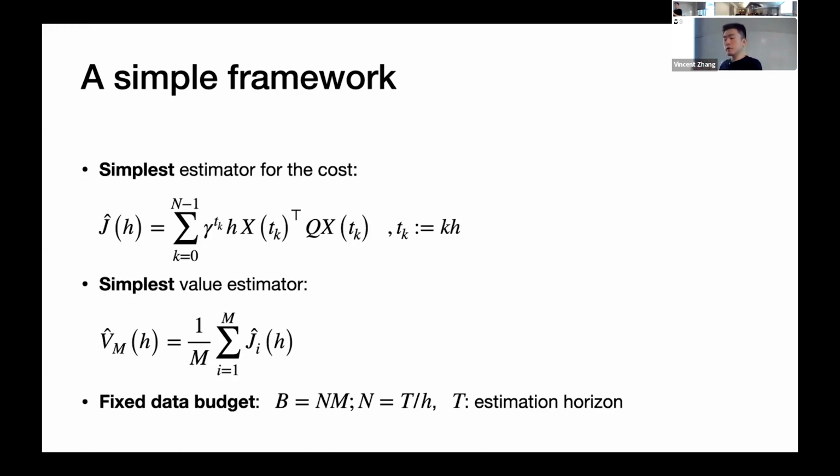But if you think of a system that runs in infinite horizon, we still want the value of the infinite horizon, but our data is only enough to cover just a part of it. So that's why it's important to distinguish them by having another quantity that denotes the horizon that your data can cover. That is the T here. And then we have this relation between n and T and H, where H is the step size.